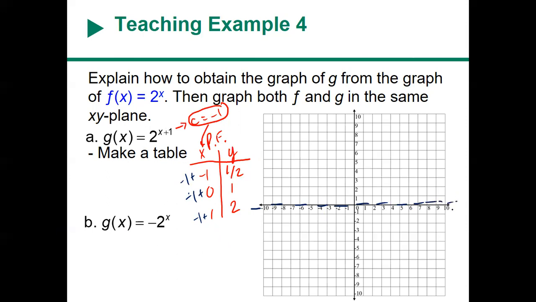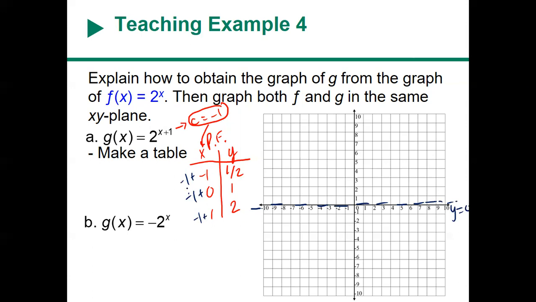So there's my asymptote at y equals 0. Why did my asymptote not move? Is there a D value? No. My asymptote will only move if there is a D value. And do I have a D value? No. So my asymptote isn't moved.